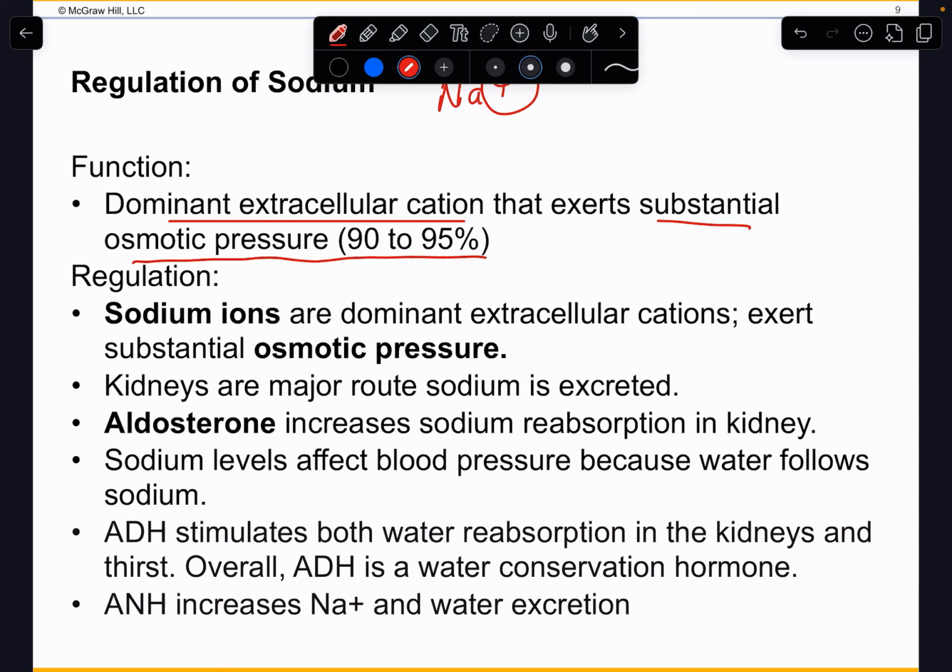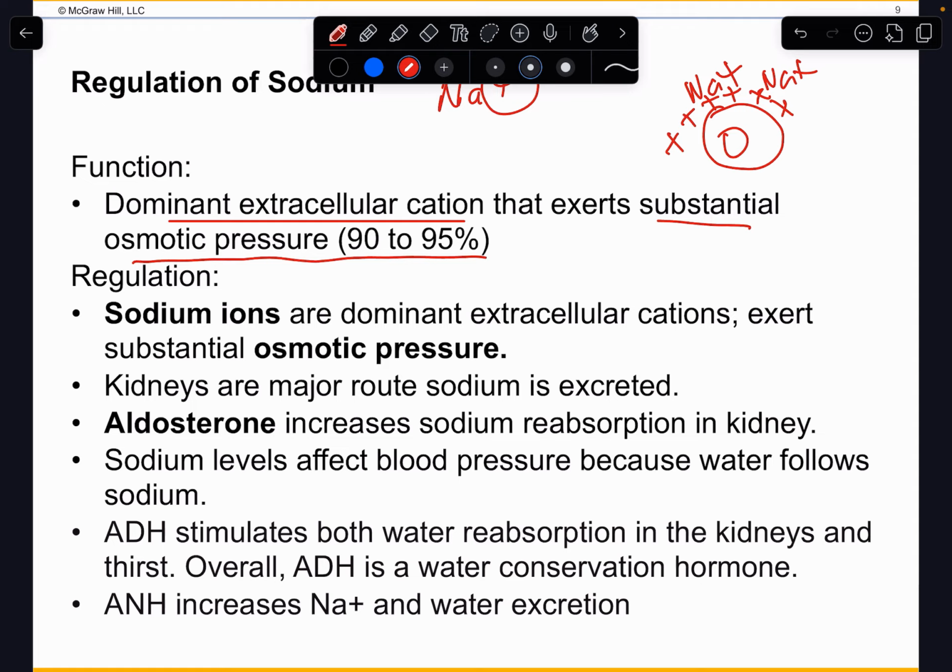So the main functions of sodium, why we need sodium, why it is very important, why is it dominant? It maintains extracellular fluid volume. If you look at the cell, outside the cell has more sodium, maintaining the positive charge outside the plasma membrane.